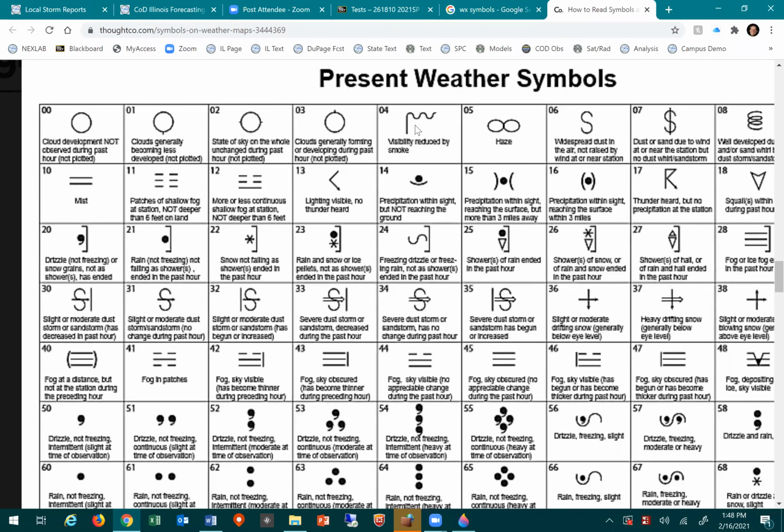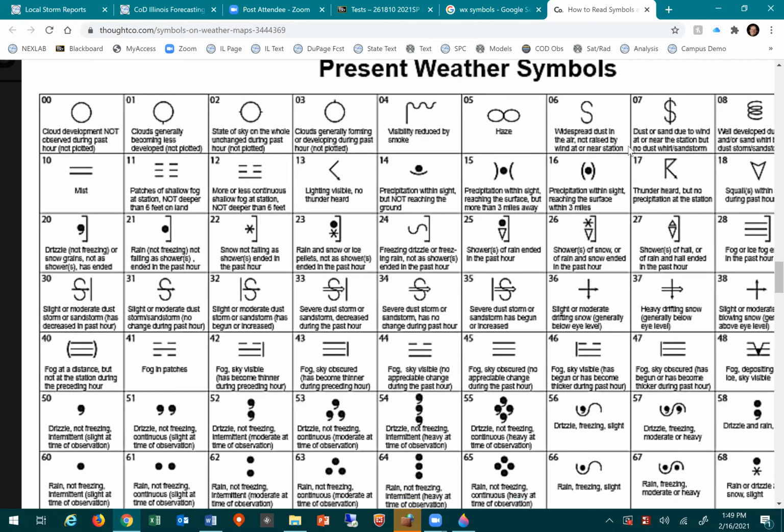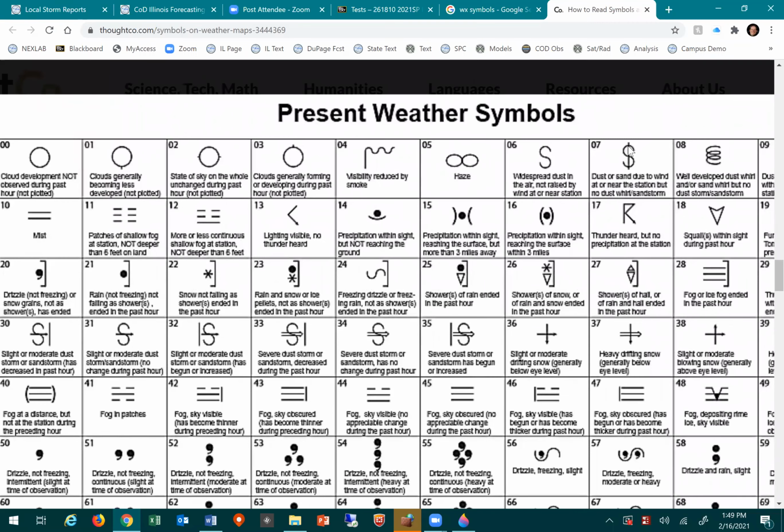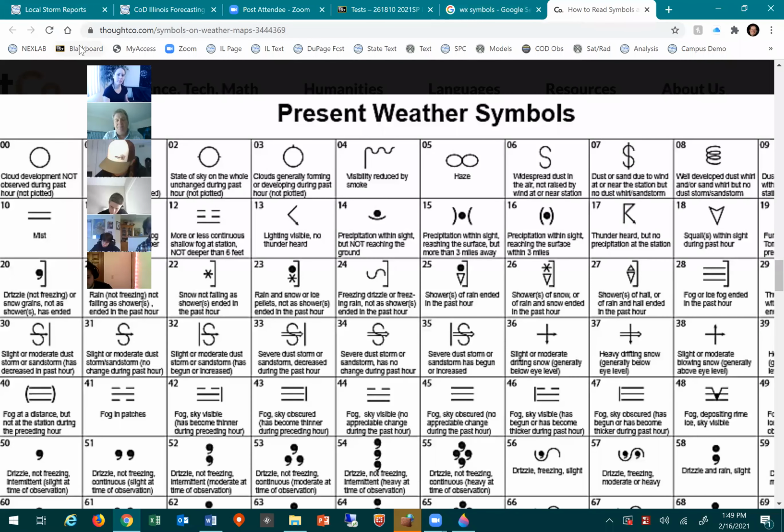So if you're a pilot, you probably ought to know smoke. Dust, the dollar sign or the S is sand or dust. Remember, these are certain types of things called meteors. Now, just for a second, I want you to go to your notes from the class. Can you go to your notes from your class and define what a meteor is?